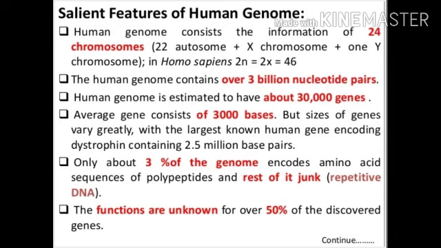Only about 3% of the genome encodes the amino acid sequences of polypeptides, and the rest is junk, that means repetitive DNA. The functions are unknown for over 50% of the discovered genes.